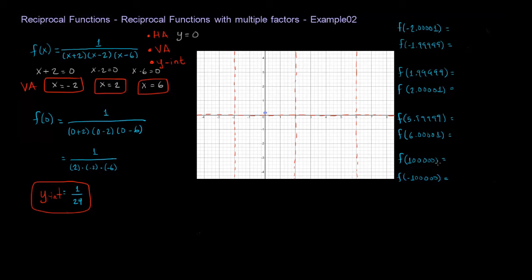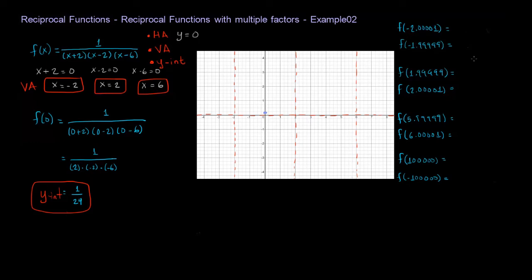Now, I'm not going to write the results of these substitutions, because the only thing you have to be concerned with is the sign of the result. In every case, at least for the first six, you will always get a super big number. The only thing that makes the difference is the sign.